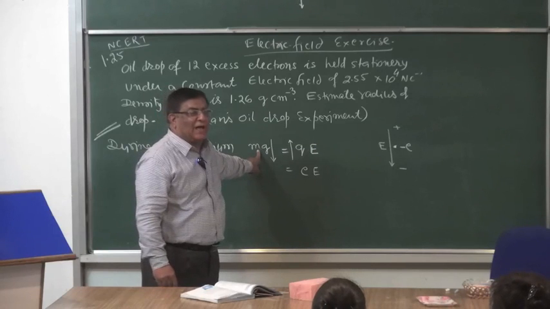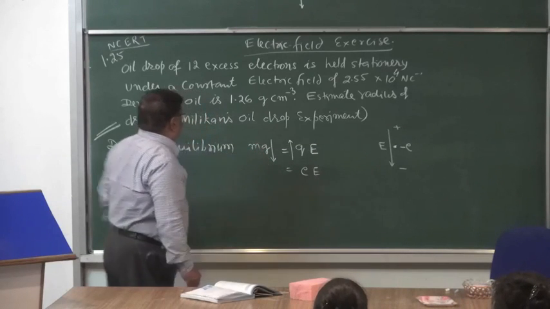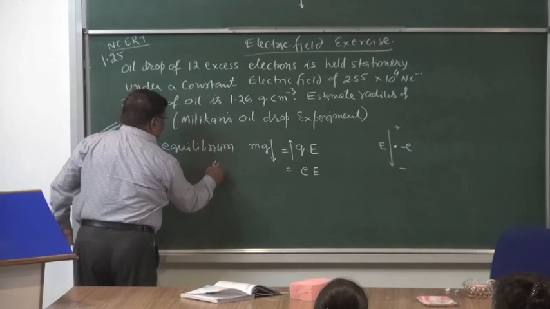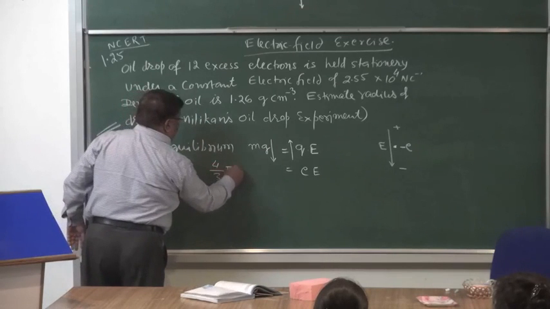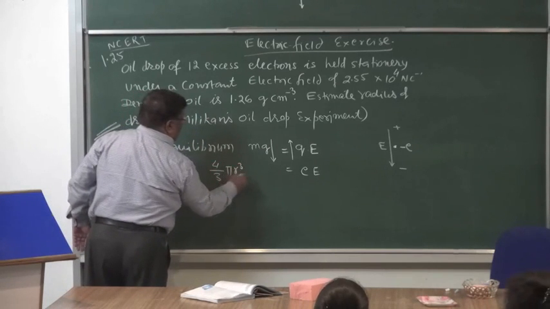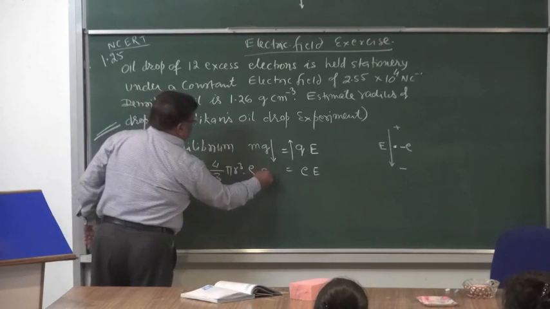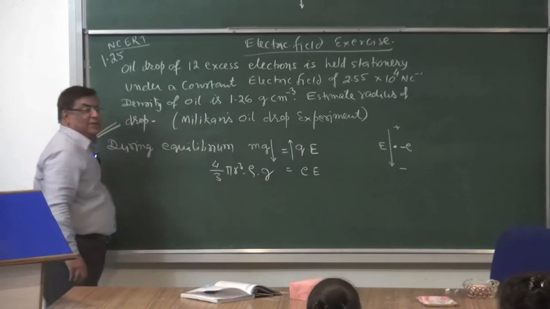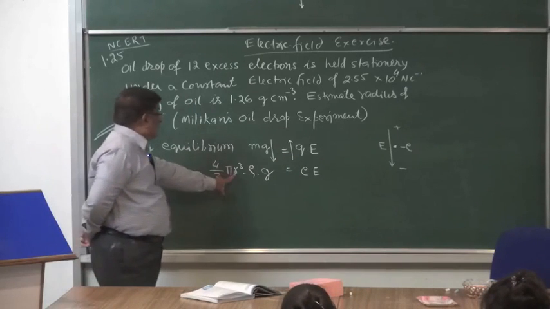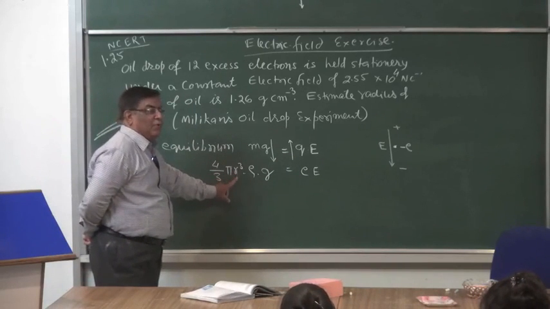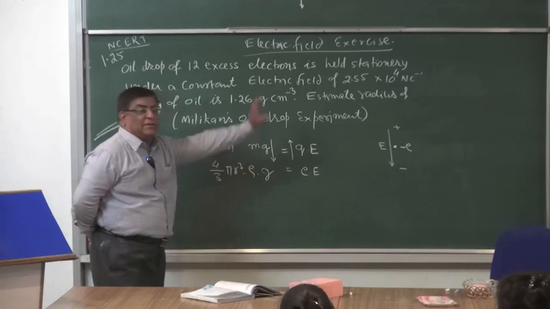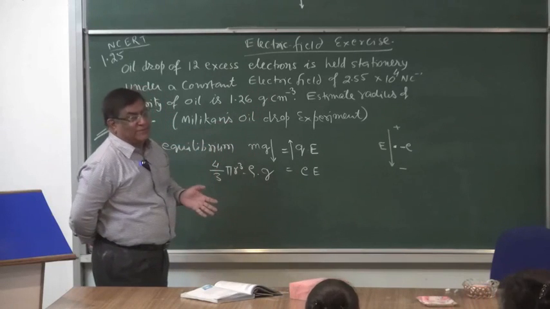So the radius is in the mass. This is the formula, and here is the radius we have to find out. So if we want to find the radius, all the other numbers should be available with us.